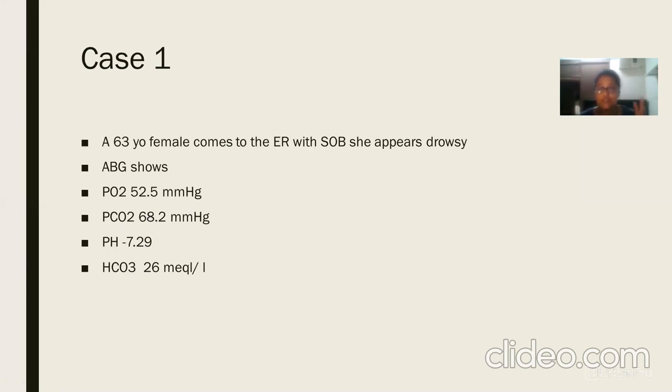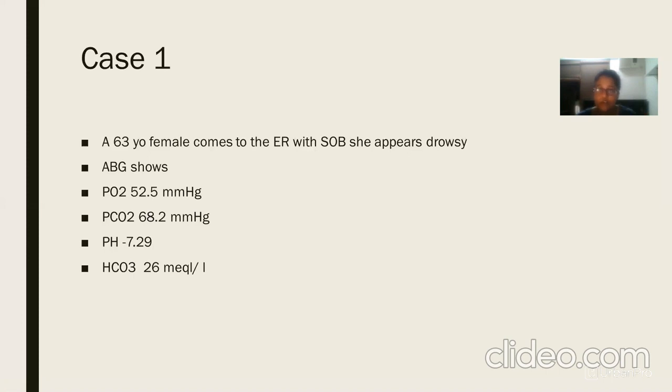That tells me this is respiratory acidosis. Clear? Very simple. So one key thing: we have a lady with shortness of breath. She's an old lady. We have a high carbon dioxide. She's retaining carbon dioxide.